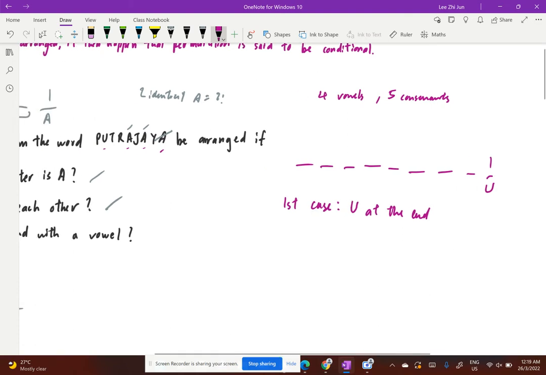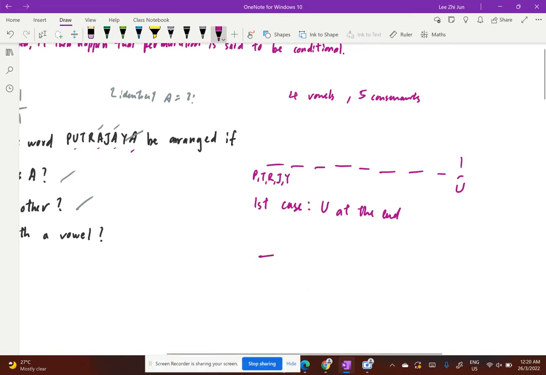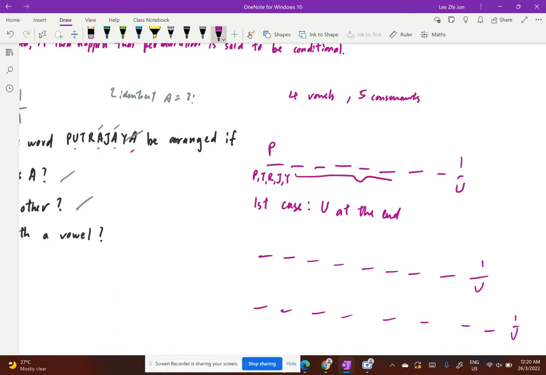The five consonants are P, T, R, J or Y. If I choose P at the start, I have seven more letters left with three identical A's, so 7 factorial divided by 3 factorial.